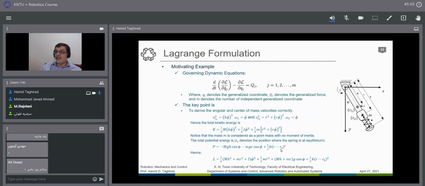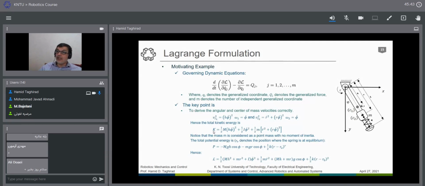So if r0 is the unfolded spring, then we have 1 over 2 k delta x squared, that here is r minus r0 squared. Here it should be 2, this is a mistyping, of course, r minus r0 to the power 2. I will correct that after the class, and finally we can provide the corrected version of the slides at the end of the sessions, at the end of the chapter.